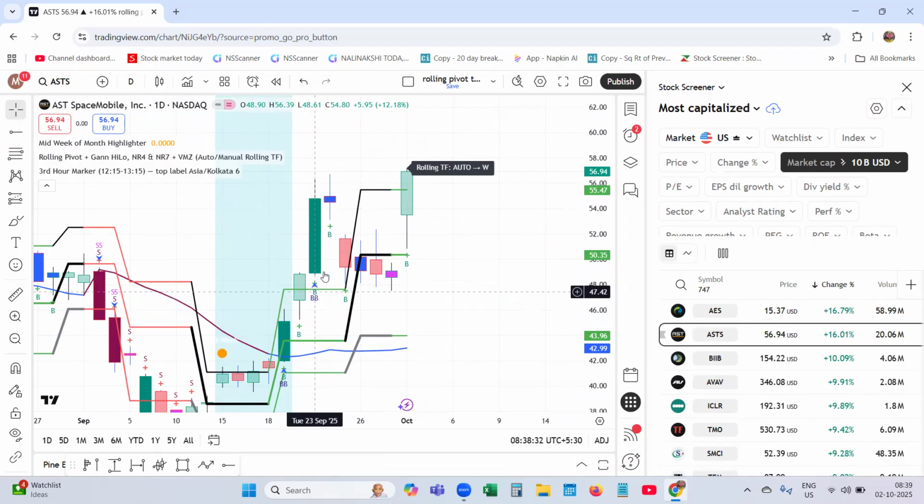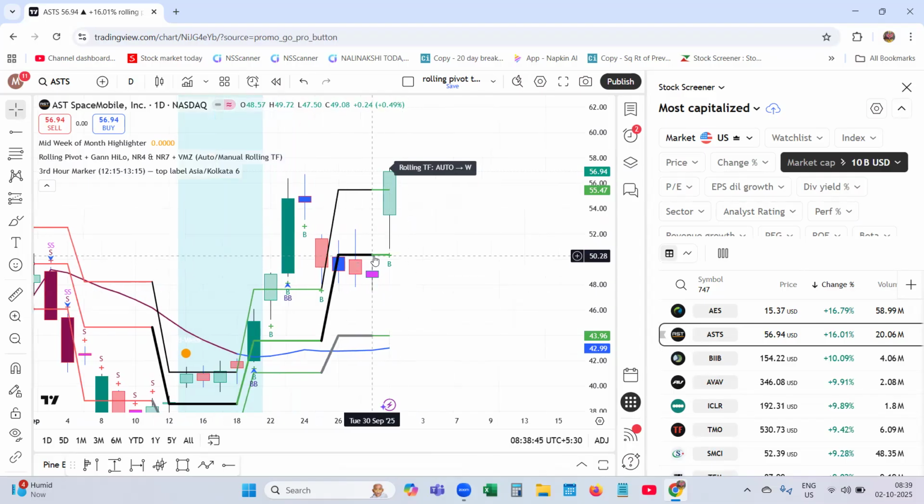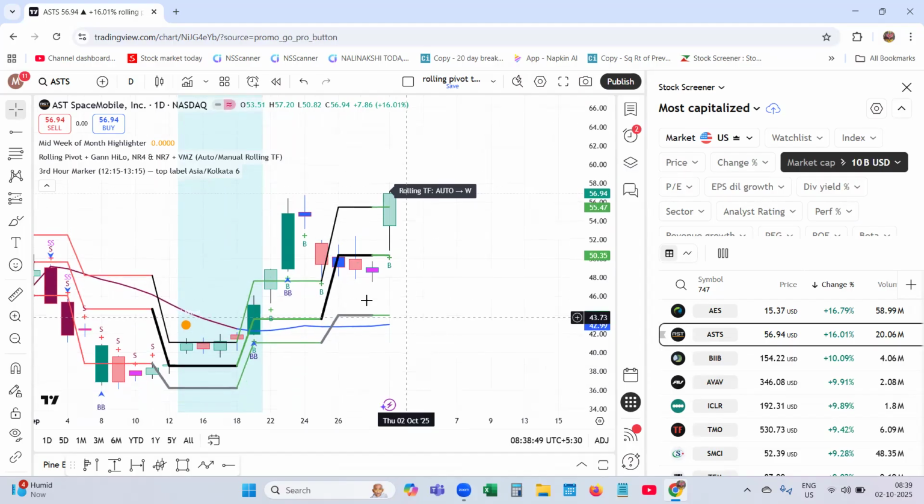Even in that, with the rolling pivot, you are not entering because it is an imbalance. When there is an imbalance, it has to balance out. It takes time. It has taken 3 to 5 days to balance out, and the pivot has turned green. If you had tracked this stock in your watch list, you could have entered early, even with the breakout of the midweek of the month.